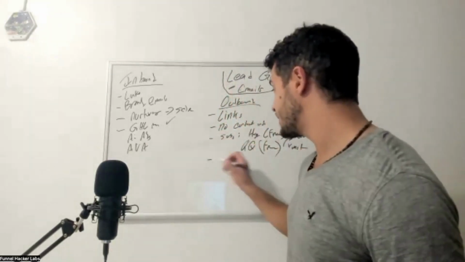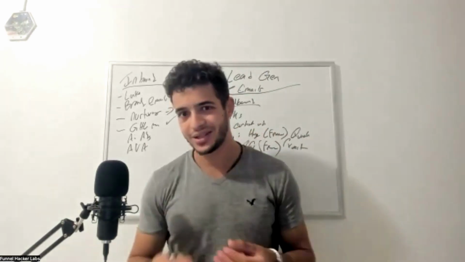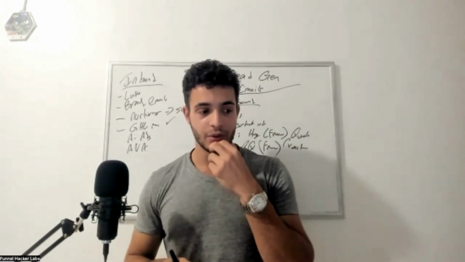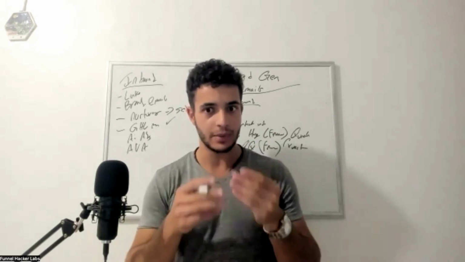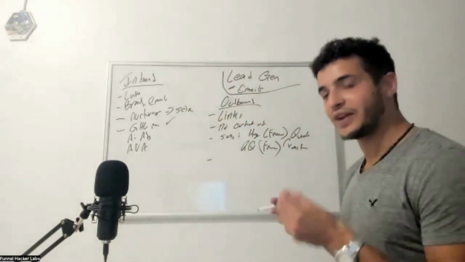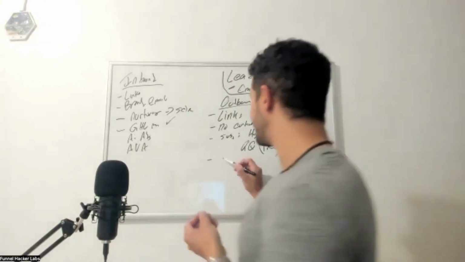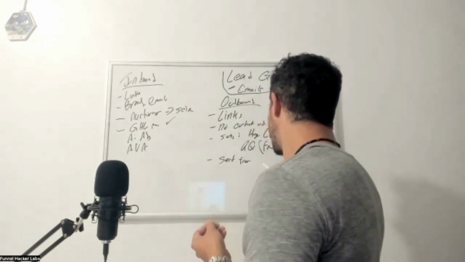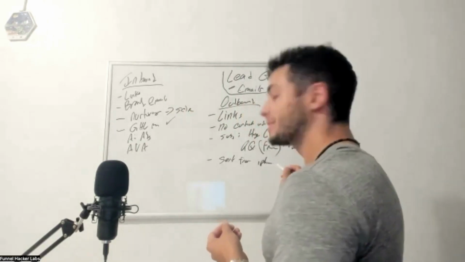Next thing that you want to do, and that's a little secret that one of my mentors taught me to avoid people marking your email as spam, is on the very bottom I even say sent from iPhone.